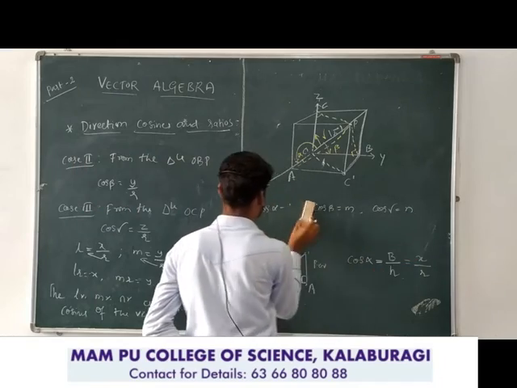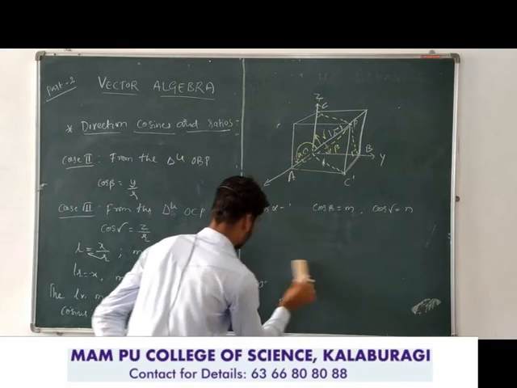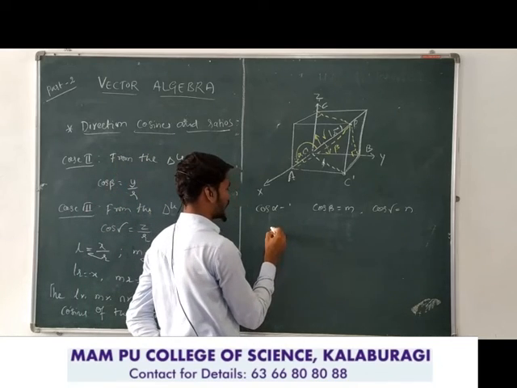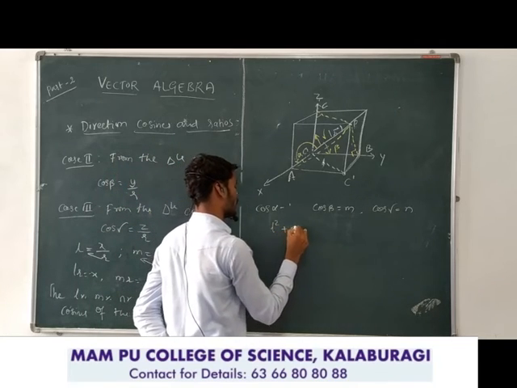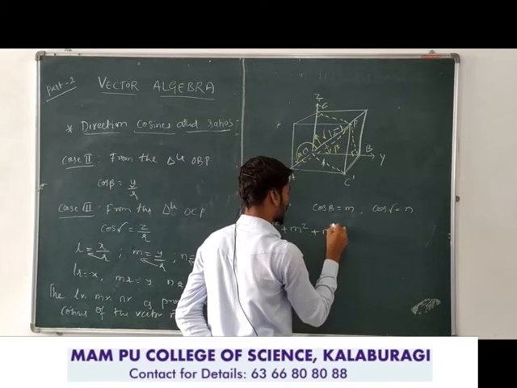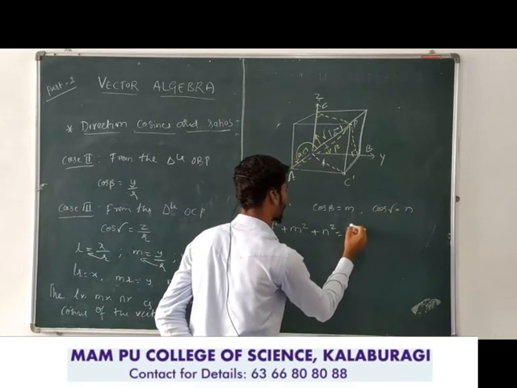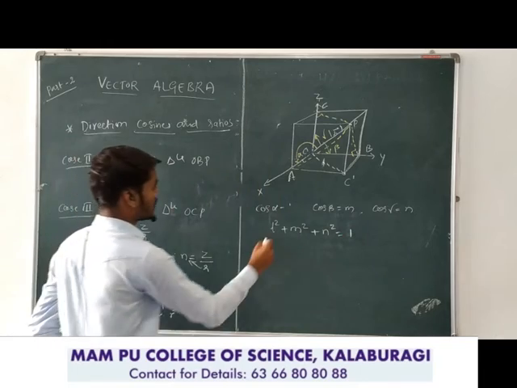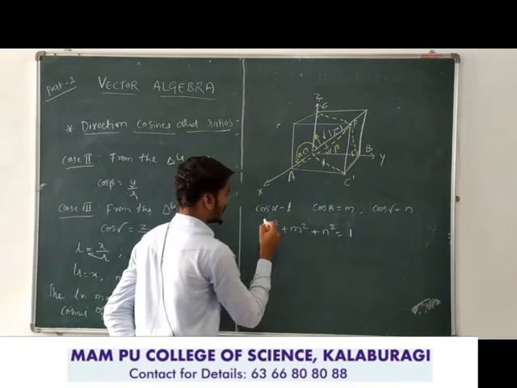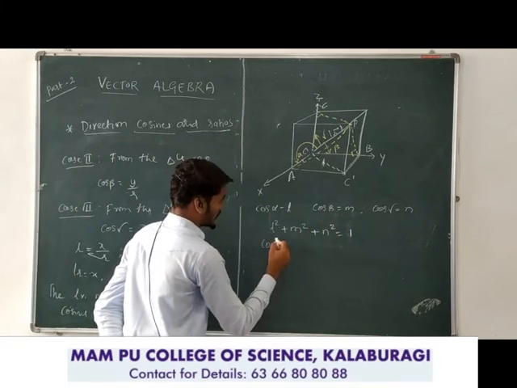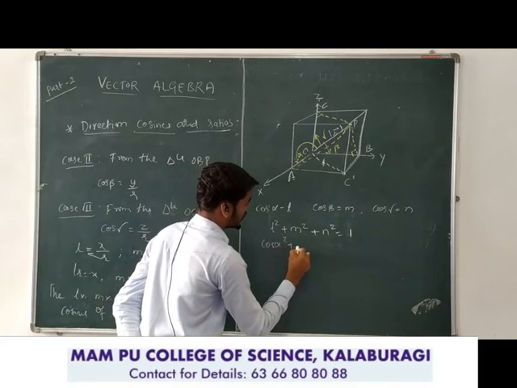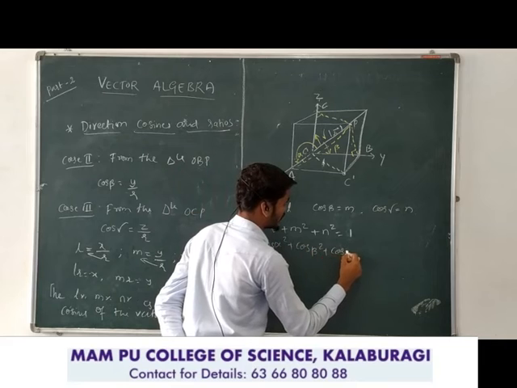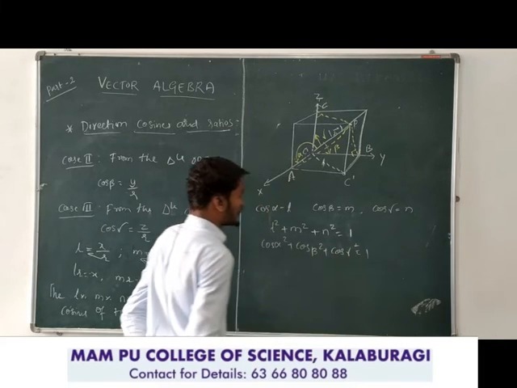So finally I can write this equation. Our main intention is L square plus M square plus N square is equal to 1. We have to prove that finally LHS equals RHS. So I can write cos alpha square plus cos beta square plus cos gamma square is equal to 1.